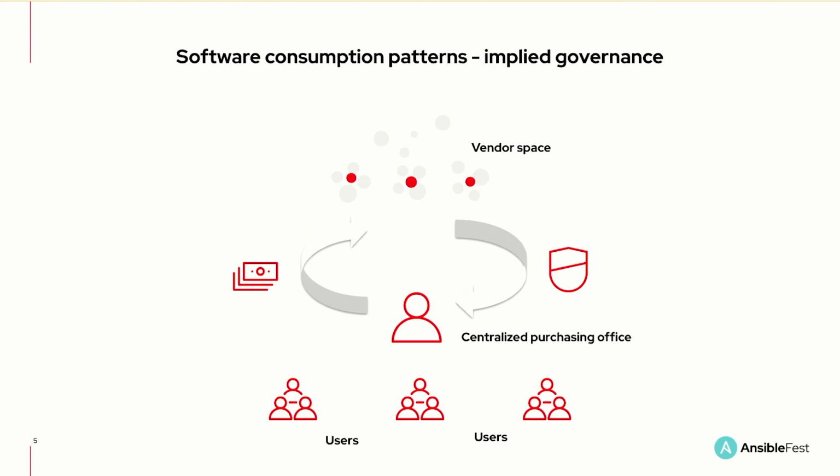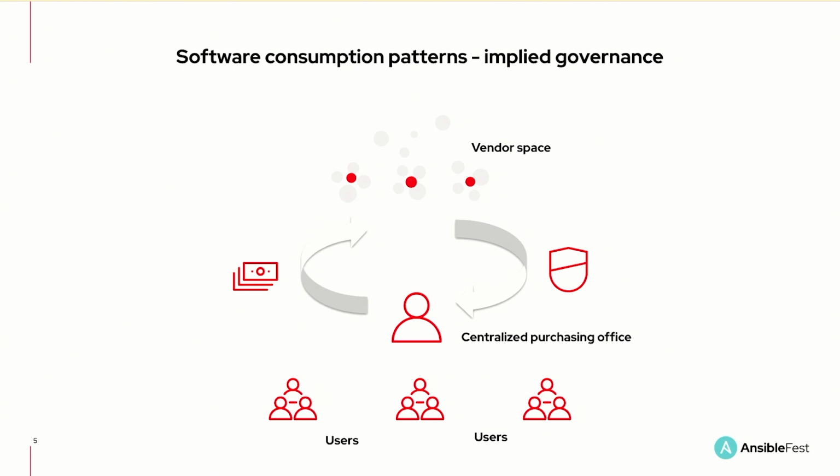So if you look at software consumption models in general, right, there are two types of trust at a very, very high level, in my opinion. There is the implicit trust when you buy some closed software from a vendor: you have some sort of central purchasing or sourcing team that negotiates the prices, defines the SLA, and makes that central source of software available to the rest of the organization, and you tell the rest of the organization that this is the only allowed software within your company that you're allowed to use and consume.